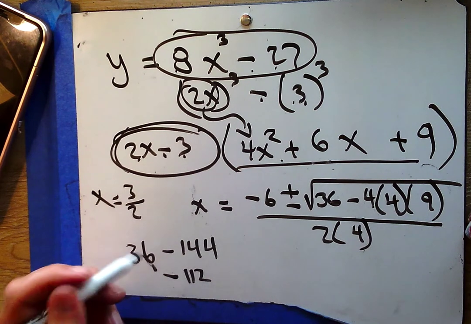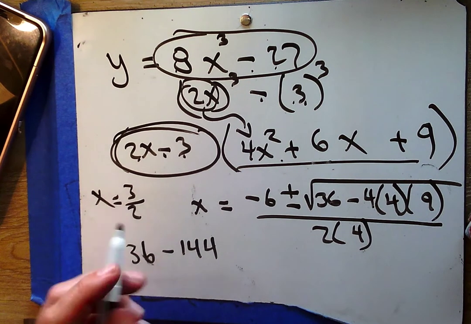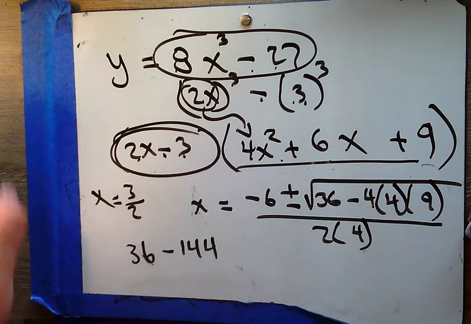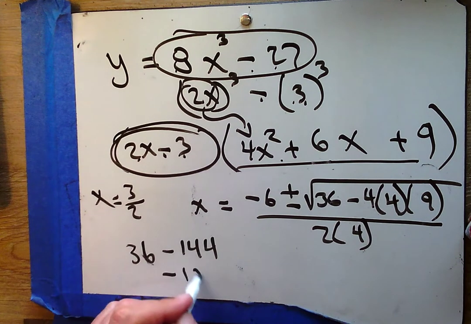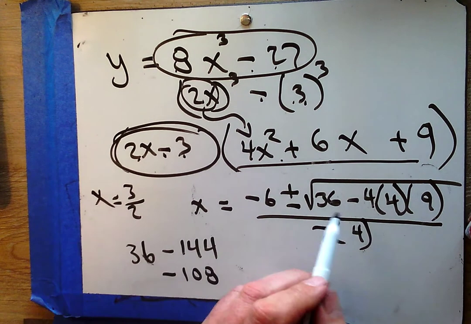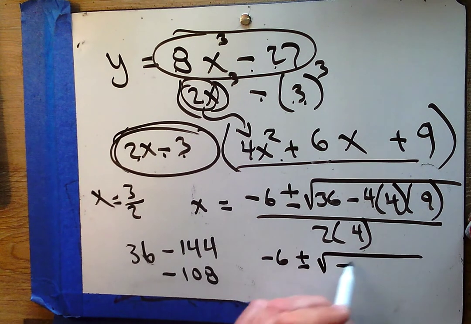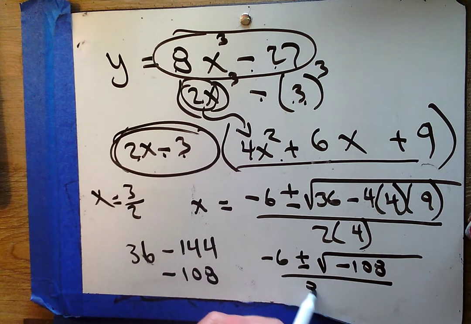No. All right, I'm pulling out a calculator. So we've got 36 minus 144, negative 108. All right, there we go. That's under my radical, so I have negative 6 plus and minus the square root of negative 108 over 8.